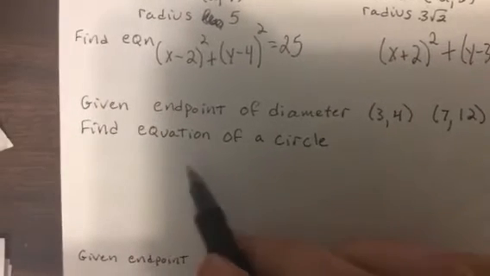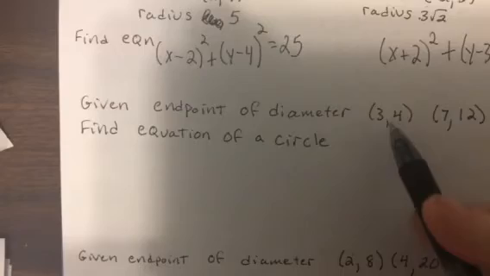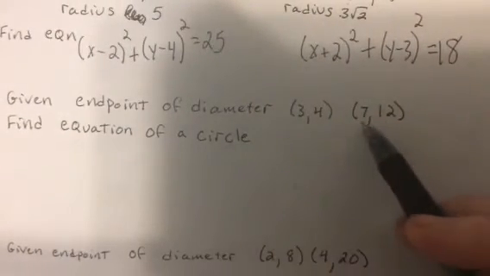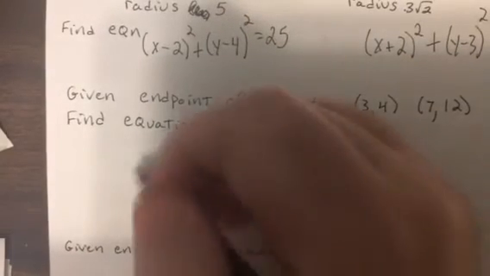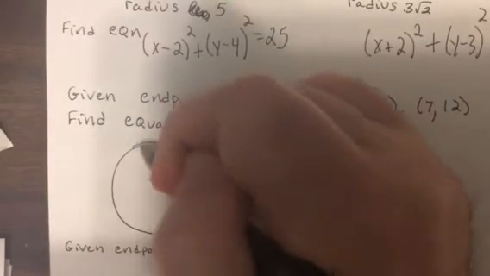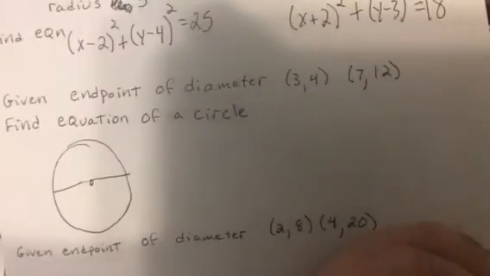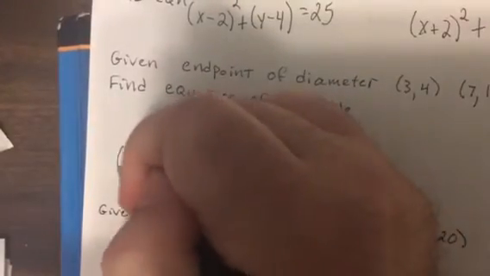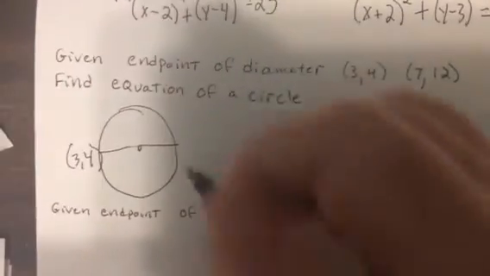Now, given the endpoints of the diameter are (3, 4) and (7, 12), find the equation of the circle. Well, remember, the diameter goes through the circle. So one of these is (3, 4), and the other one is (7, 12).